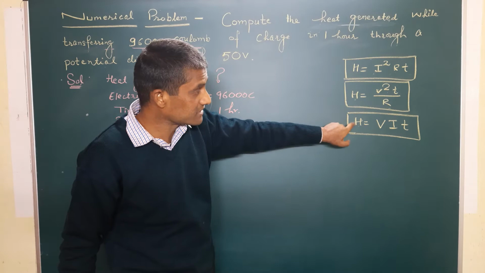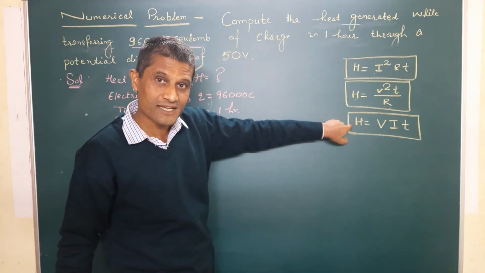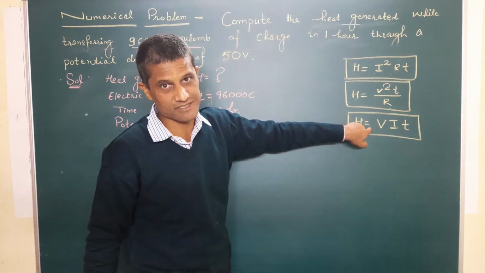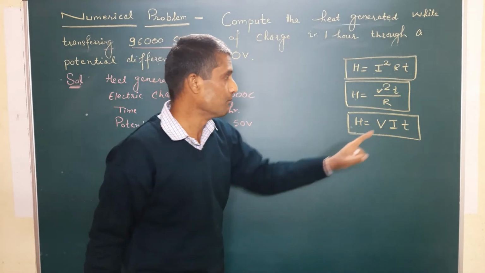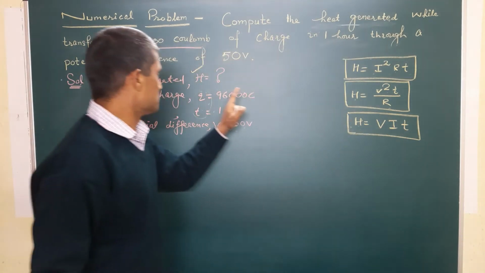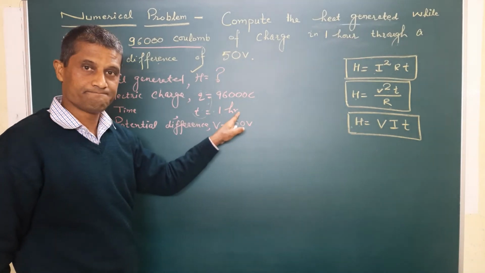But as far as this formula is concerned, it takes only one step, and thereafter we are very much at the answer. Voltage is already there, 50 volt. Time is given, 1 hour.